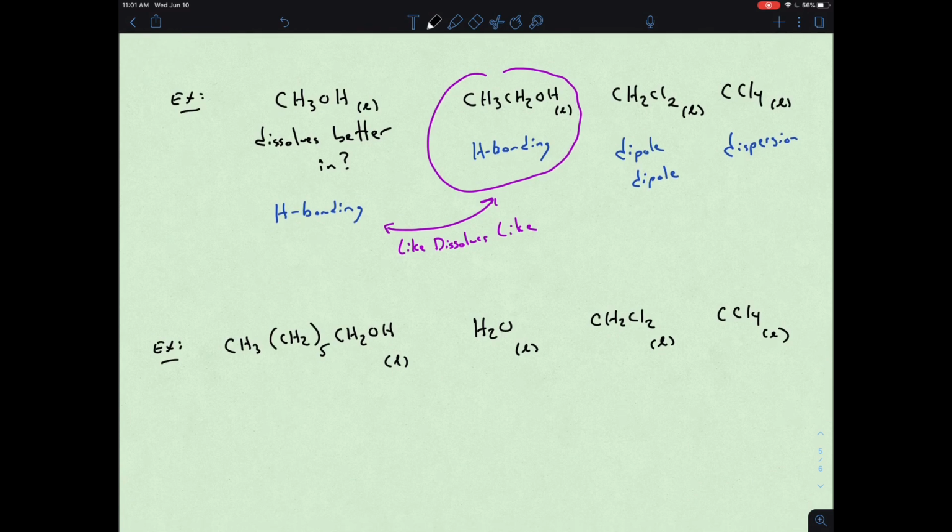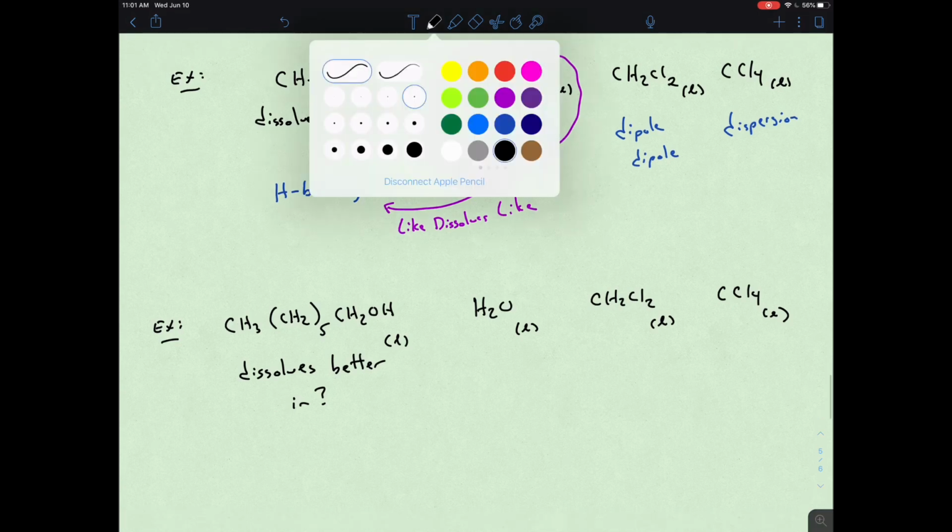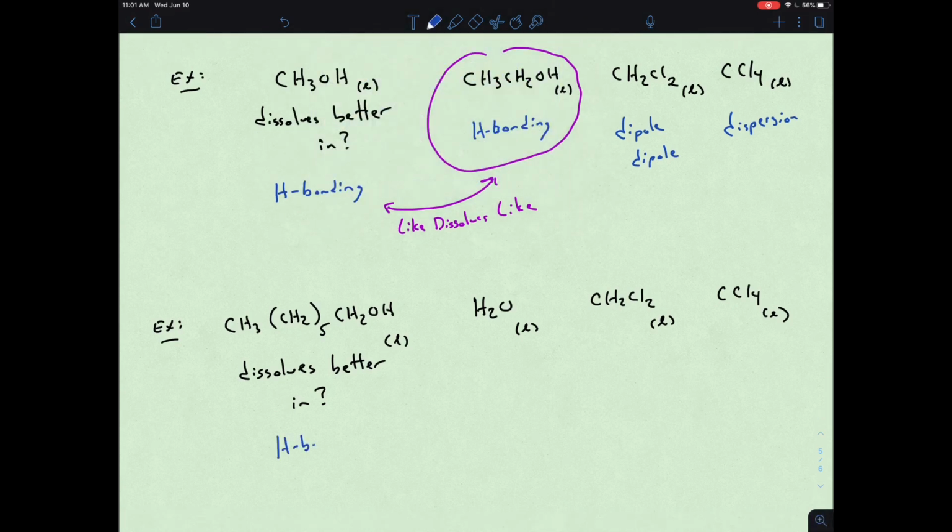And so again we're asking, what does this molecule dissolve better in? And if we start the matching game, we might be led astray. We see water matches our force of attraction within the solute. They both have hydrogen bonding forces. And then the other two are the same, right? Dipole and dispersion, as we talked about above.